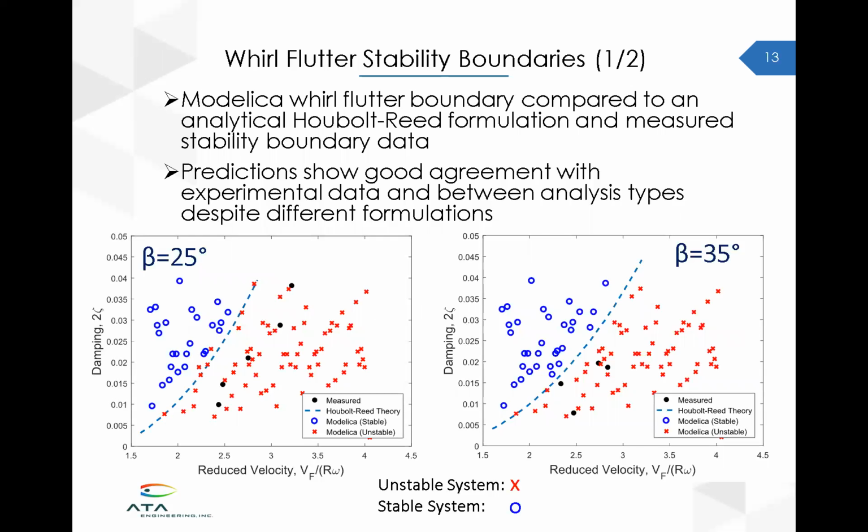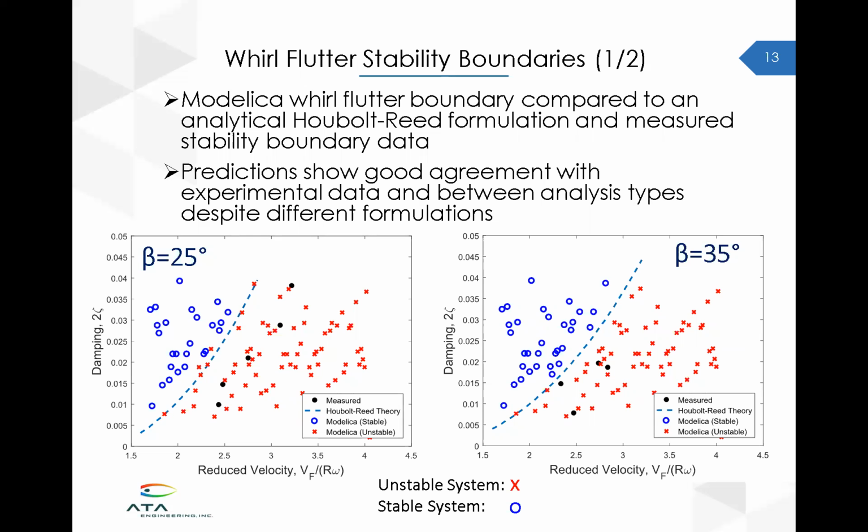So here are some results from these studies. You can see a good correlation between our model and another analytical model called Hobart-Reed theory, which is the dashed line in these examples. The blue dots and the red X's nicely straddle this line.